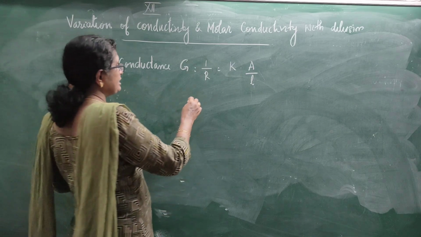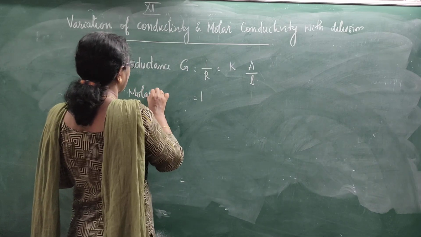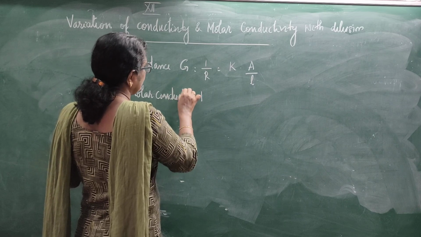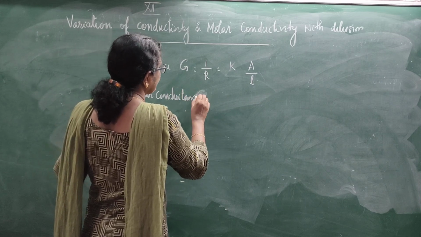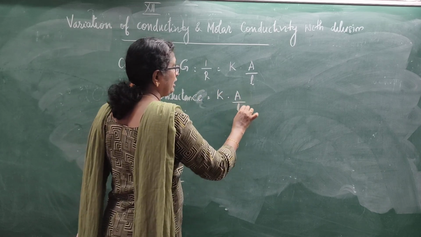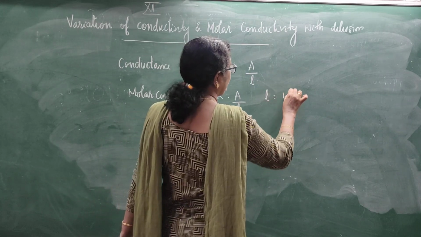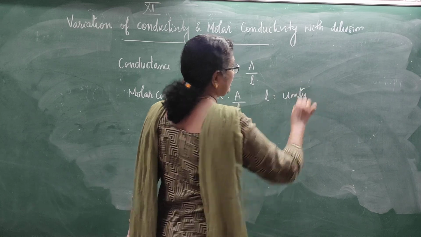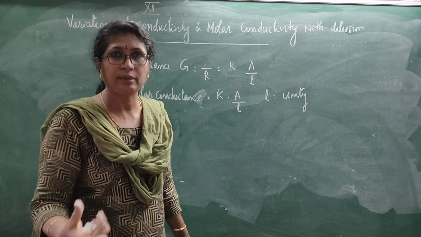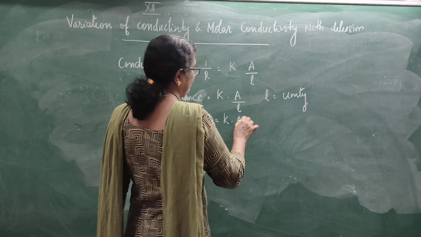Then the molar conductance is equal to K into A by L. Now let L, the length of the solution, be equal to unity. That is, we are taking the distance between the 2 electrodes as unity, either 1 centimeter or 1 meter. Then we can say it is equal to K into A.